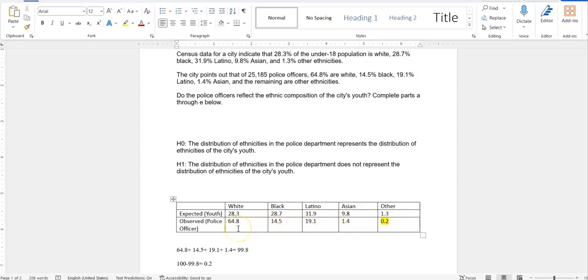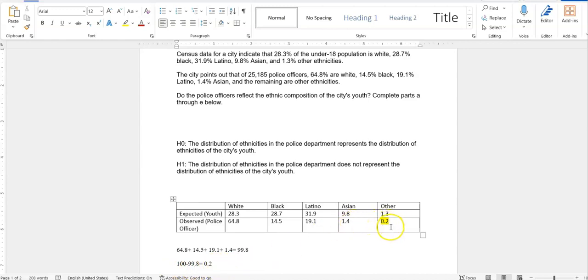Now, one thing we should be careful about: here 1.9 for Asian is given, but the quantity for other is not given. So we need to calculate it. Okay, so we add these 4 values, we get 99.8, then we subtract it from 100 and we get 0.2.